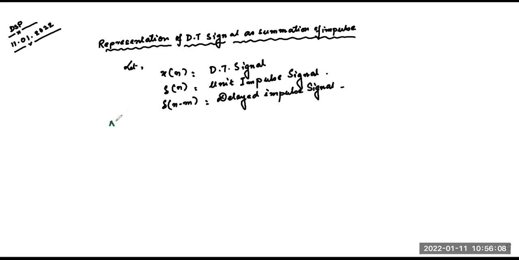Now, we know that delta[n] equals 1 at n equals 0 and equals 0 when n is not equal to 0.